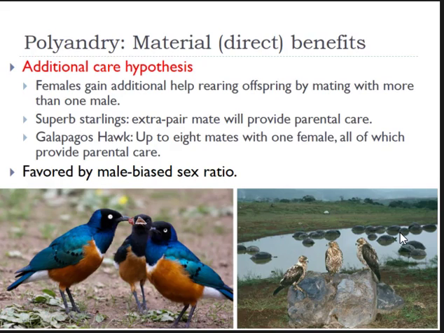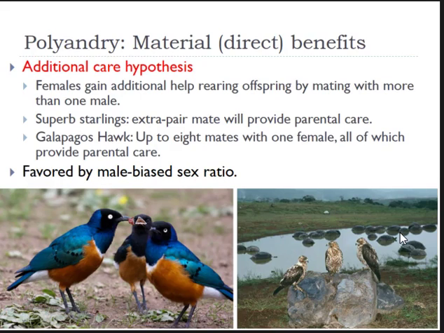And the female will be helping to raise offspring, but then she'll have more than one male also helping raise offspring because all of those males have mated with her. Therefore, they're all getting some benefit to providing parental care because some of the offspring they're helping to raise will likely be theirs. And so by mating multiple times, she's able to get more helpers to provision young at her nest.